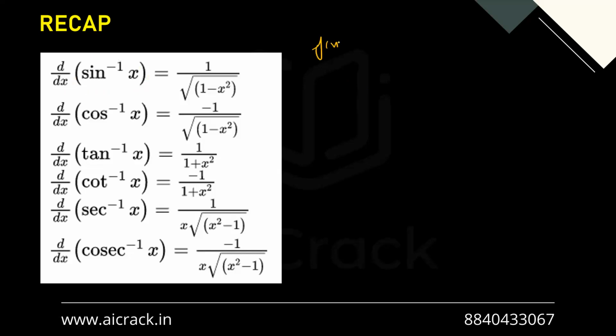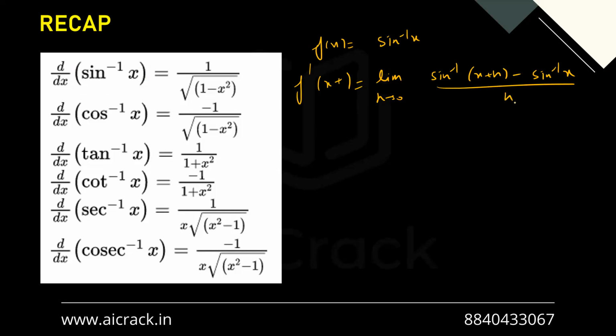So we have f(x) equals sine inverse x over here. If you want to calculate f dash x plus, that would be limit h approaches 0 of sine inverse (x plus h) minus sine inverse x, divided by h, right? Very basic formula. Now, if I take x plus h as sine A and x equals sine B, what would happen?